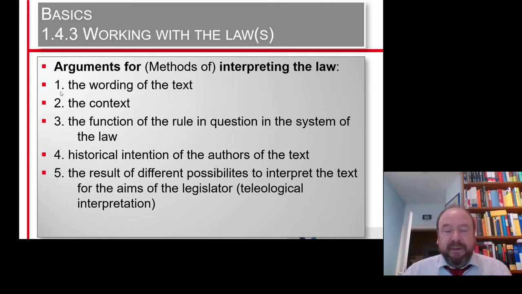So very often it's rather a kind of subsidiary or emergency argument. If you cannot clarify the intention of the law by the other methods, then you can have a look into the historical intention.